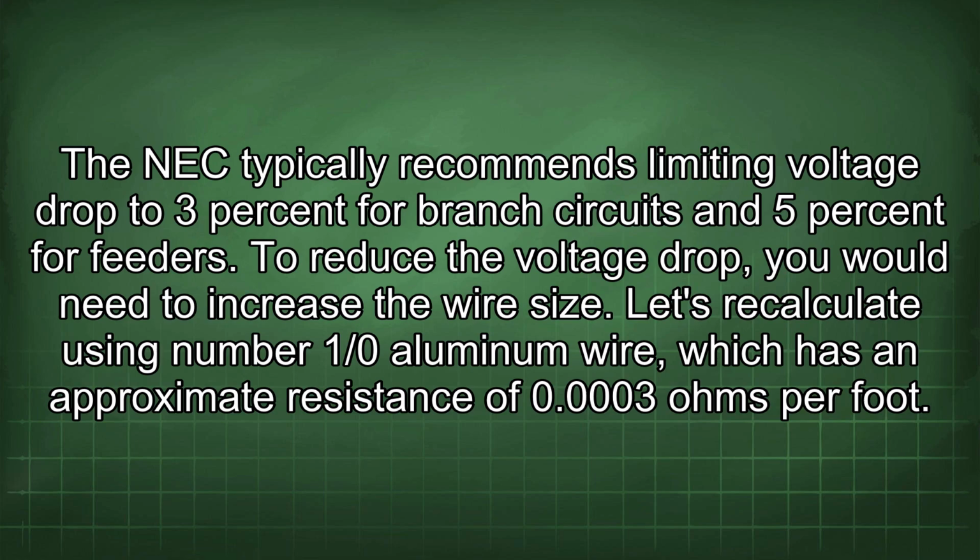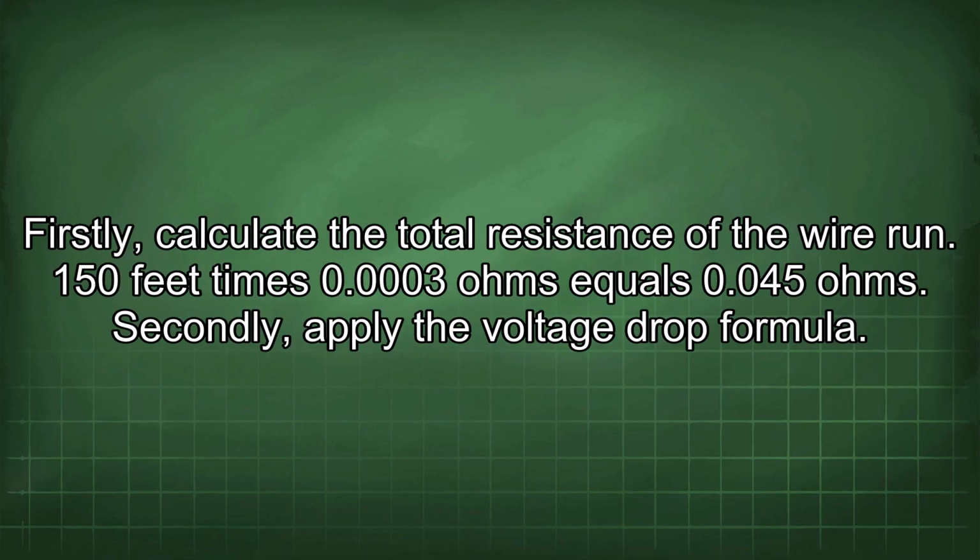To reduce the voltage drop, you would need to increase the wire size. Let's recalculate using number 1/0 aluminum wire, which has an approximate resistance of 0.3 ohms per foot. Firstly, calculate the total resistance of the wire run. 150 feet times 0.3 ohms equals 0.45 ohms. Secondly, apply the voltage drop formula.